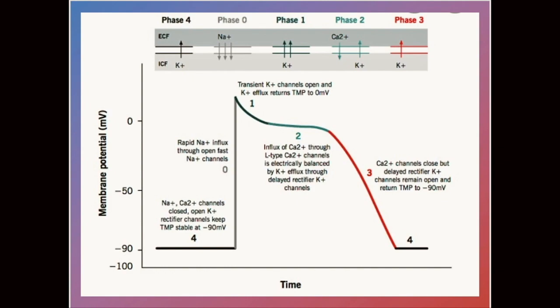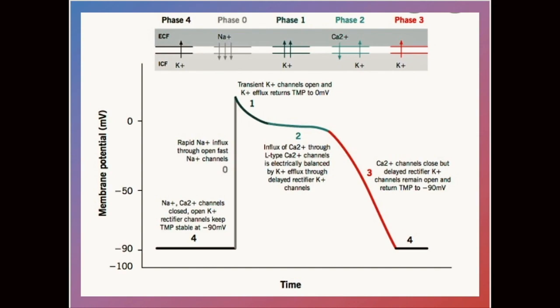Next is phase 2. So what happens in phase 2? Phase 2 is the plateau phase. Calcium ion influx through the voltage gated calcium channels balances the potassium efflux. So why is there a plateau? Because the calcium ions which are entering are balancing the potassium ions which are leaving.